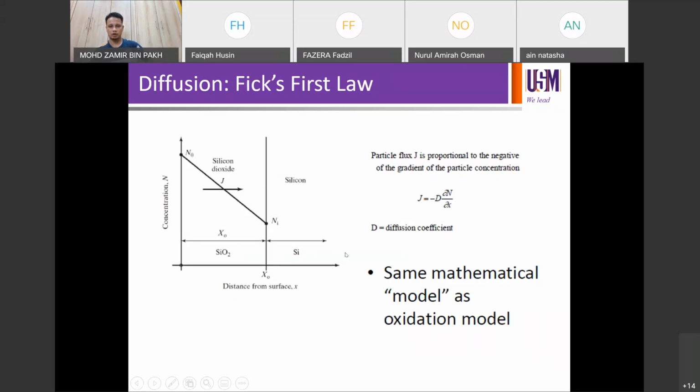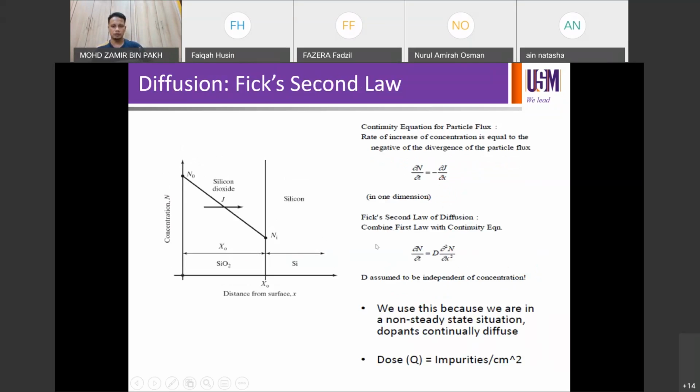Fick's first law gives you the equation here: J, the particle flux governing the diffusion process, equals negative diffusivity times dN/dx. N will be your particle, your phosphorus in this case, against the depth of silicon, right?